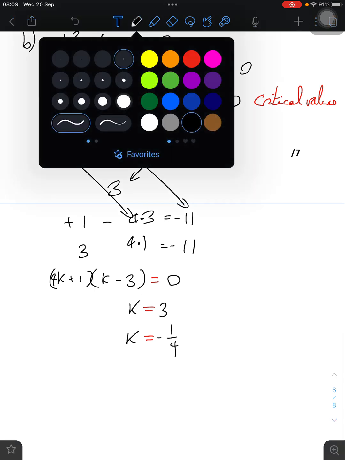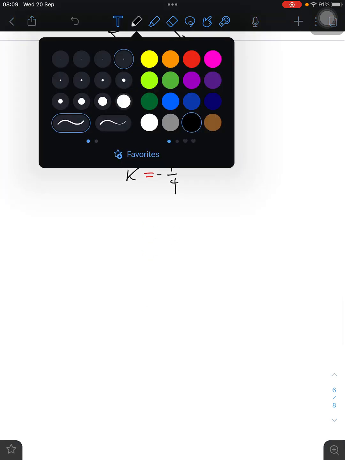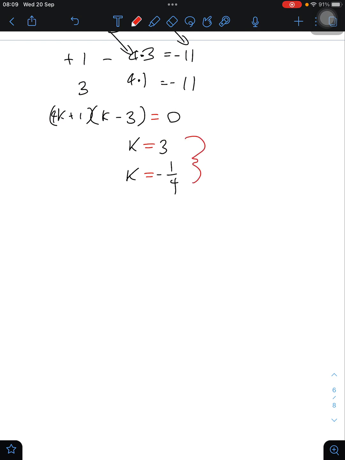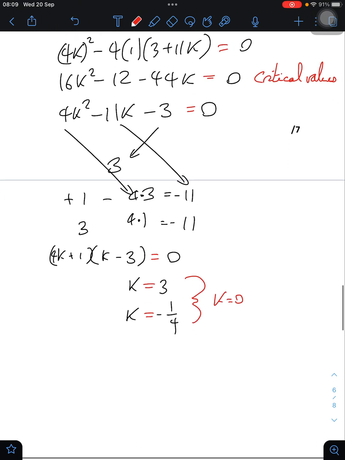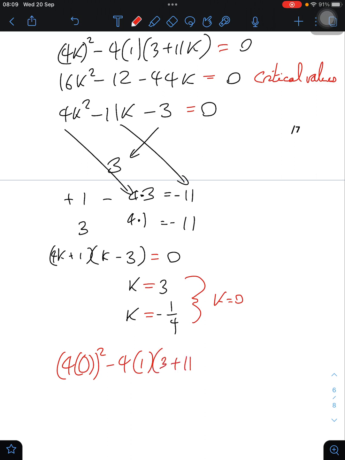Now let's think about a value in between these two. So if I pick 0, it's usually 0, k equals 0, and I plug it back into my inequality at the top, so 4 lots of 0 squared minus 4 times 1 times 3 plus 11 lots of 0.